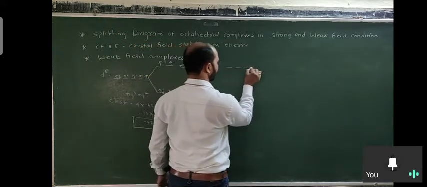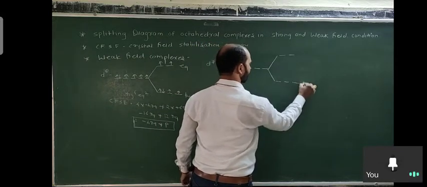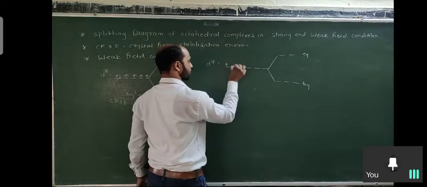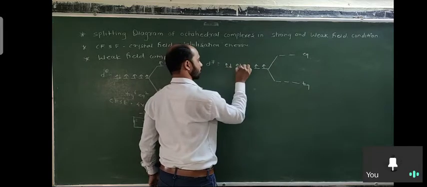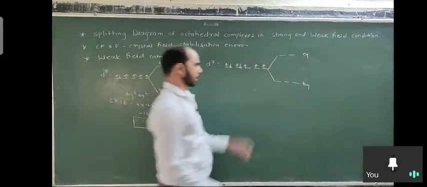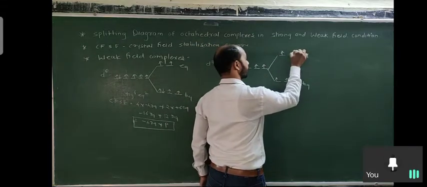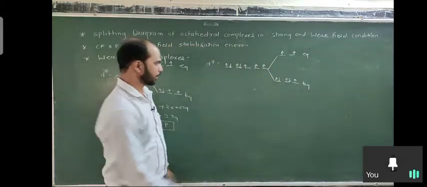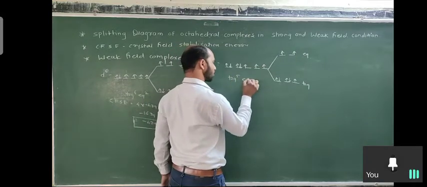1 2 3 4 5, 1 2 3, T2G EG, mention show here 7 electrons. So first 3 here, 1 2 3, 4th, 5th, then 6 again, then 7. So T2G has 5 electrons, EG has 2 electrons.